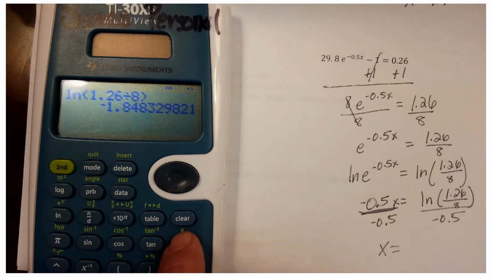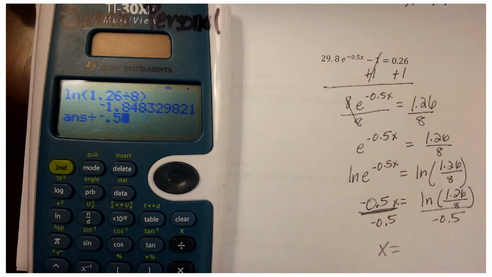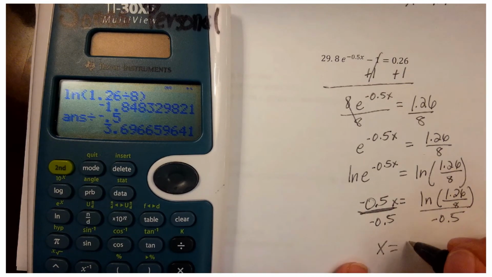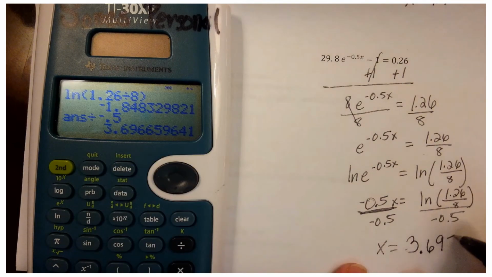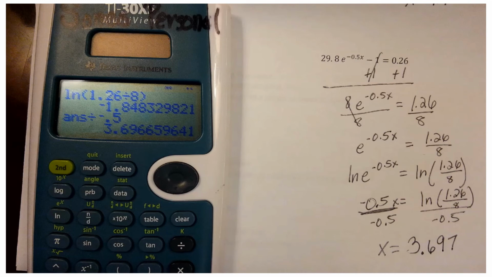And then I'm going to divide that by negative 0.5. So I get 3.69, and this 6 is going to round that 6 up to 7. So that is solving exponential equations using logarithms.